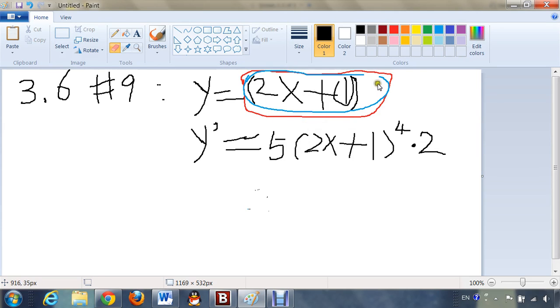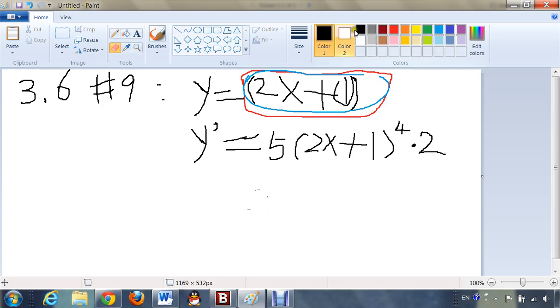That's the goal, because you want to move from the outside toward the inside. And once you reach a part that is pretty easy to take the derivative of, then you're done.